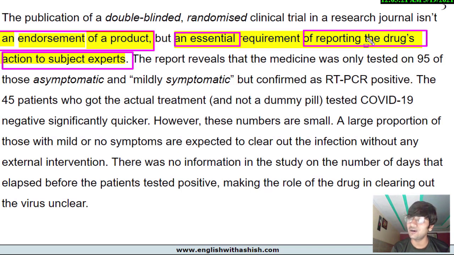This is again a noun phrase working as the object of the action. Reporting what? The drug's action. Here the main noun is action. The and drug's are pre-modifiers. Reporting what? The drug's action to subject experts. Preposition, again a noun phrase. Subject experts, noun and modifier.